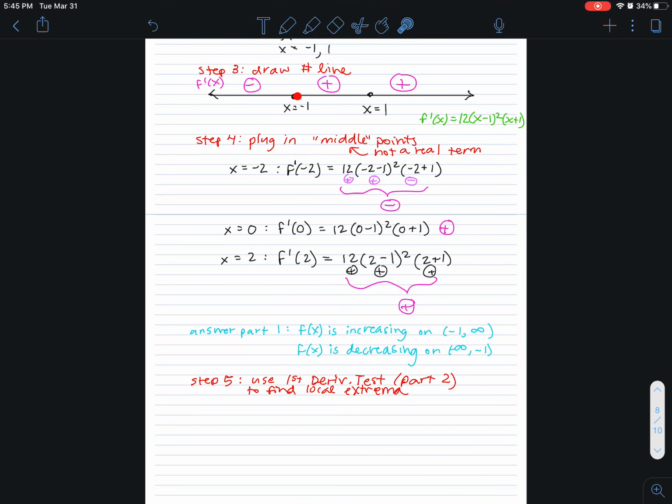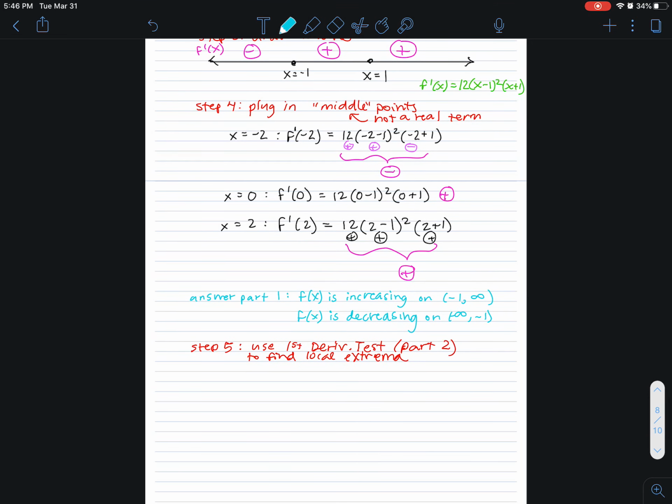If we look at our number line, it changes from negative to positive at x equals negative 1, and it doesn't change at all at x equals 1. So we know our only local extrema occurs at x equals negative 1. So this is answer part 2: local extrema at x equals negative 1.